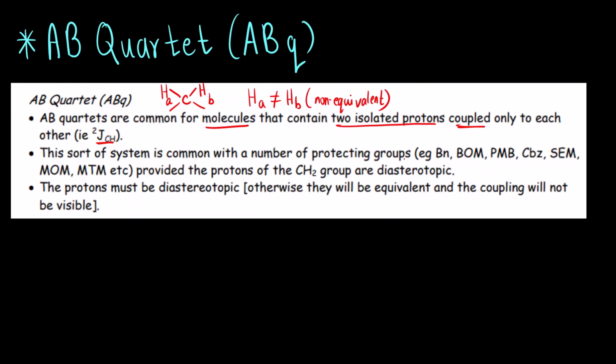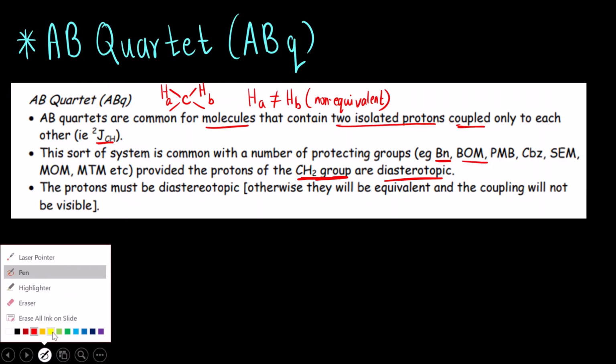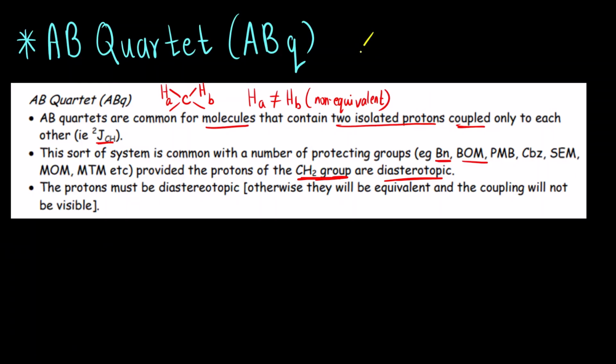The second point is that this is found mostly in the presence of protecting groups, where the CH2 group is diastereotopic. What is the meaning of diastereotopic? We saw this in the topicity video. Suppose here there is Cl, CH3, then HA and HB.